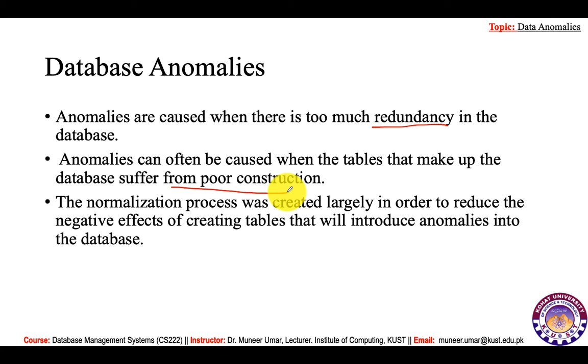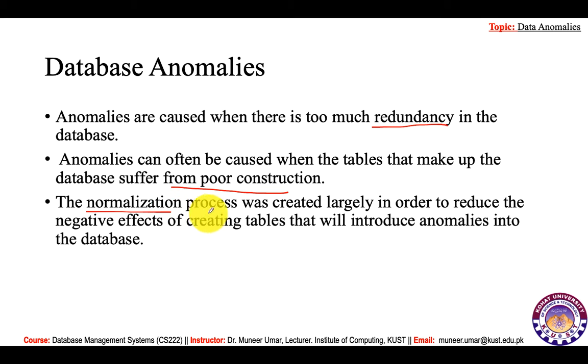If the tables in a database are constructed in a poor way, they are not properly designed, there is a redundancy in the database tables, then in that case we may face anomalies. To avoid the anomalies, we go through normalization. Normalization is a process in which we decompose different tables so that we may reduce the redundancy of data in the database.